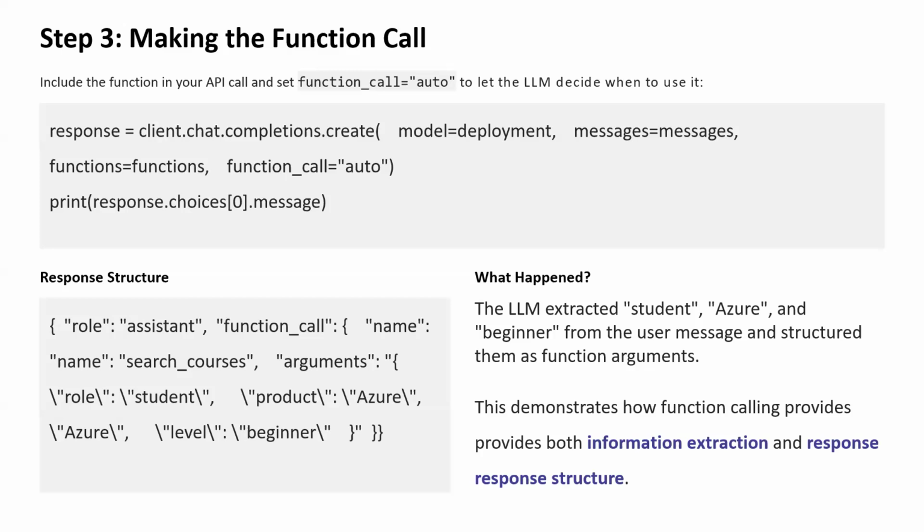In the arguments, the role is a student, the product, the course that the person wants to learn, is Azure, and the level that the person wants to learn is beginner. So the LLM extracted the student, the course Azure, and the level beginner from the user's message and structured them as function arguments. This demonstrates how function calling provides both information extraction and response structure. Apologize for the repetition.